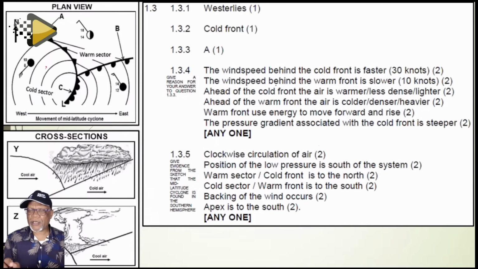The wind speed behind the warm front is slower, and then ahead of the front, the warm air is less dense and lighter. Ahead of the warm front, the air is colder and denser. The warm front uses energy to move forward and rise. The pressure gradient associated with the cold front is steeper.